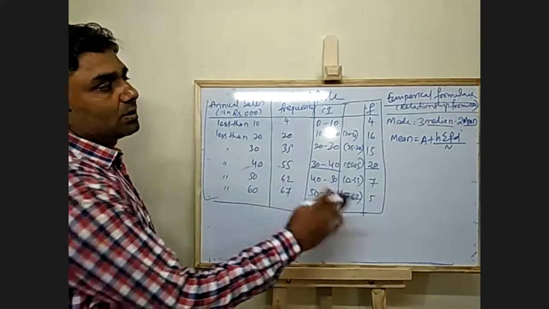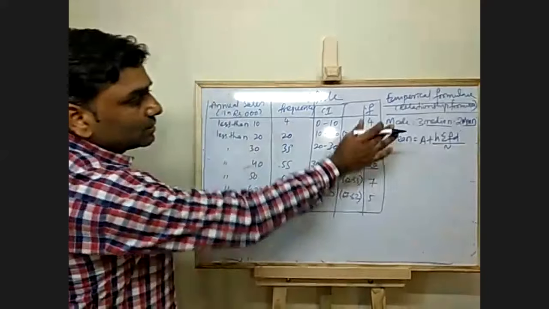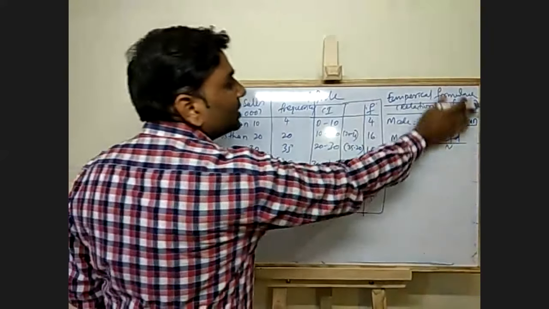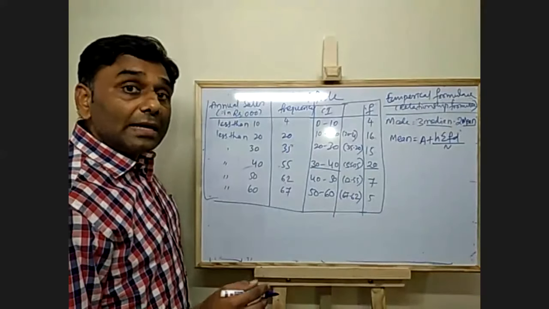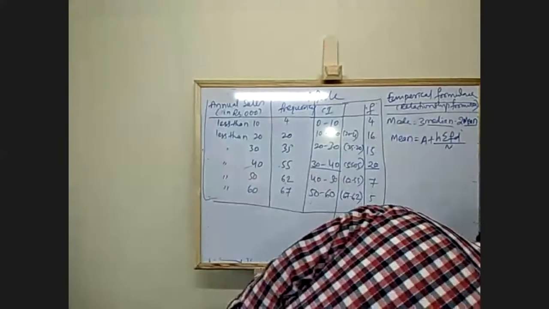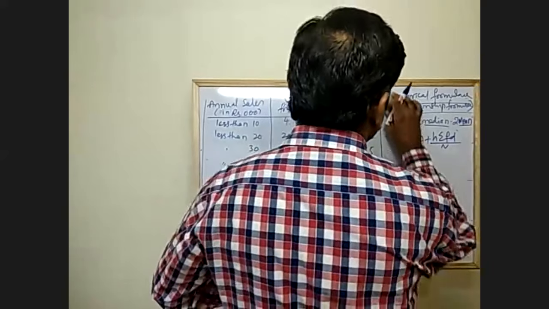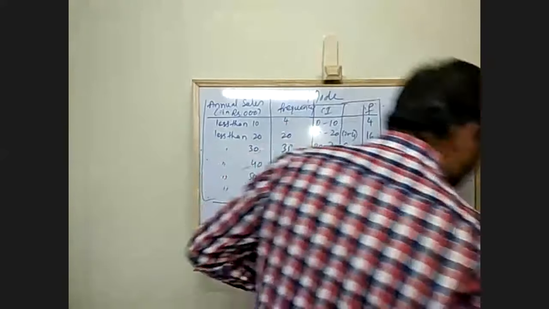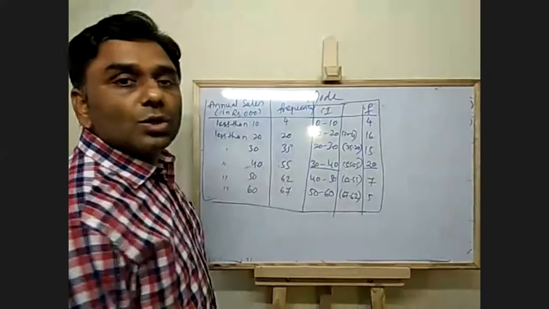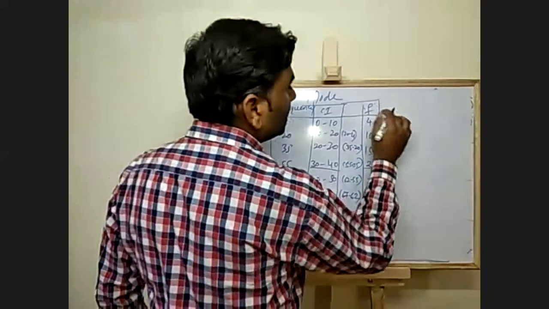Right. I will rub this one, and I will calculate D using the assumed mean. So what I have to calculate here?